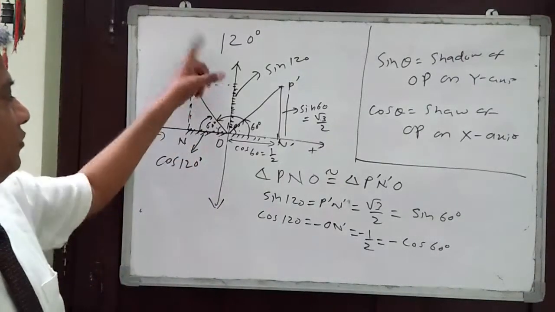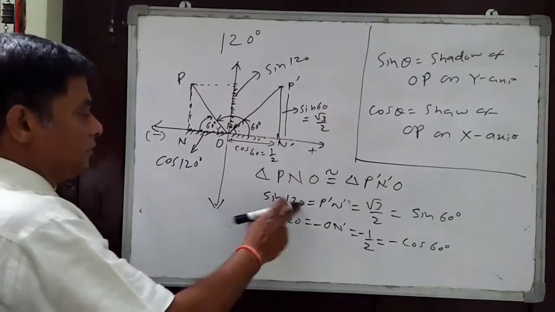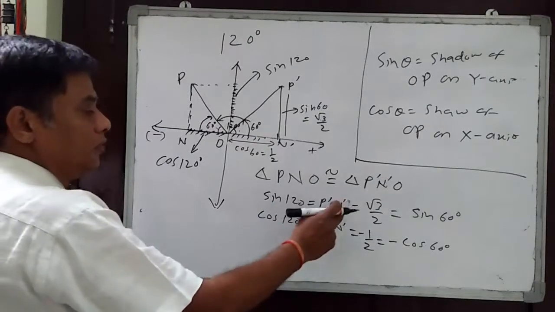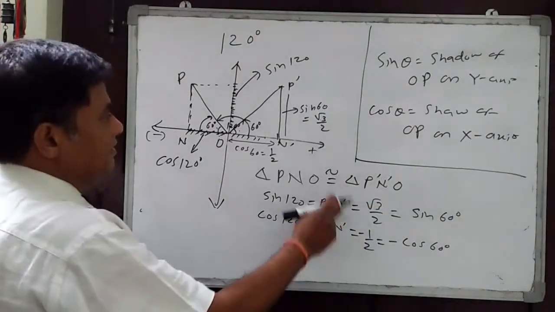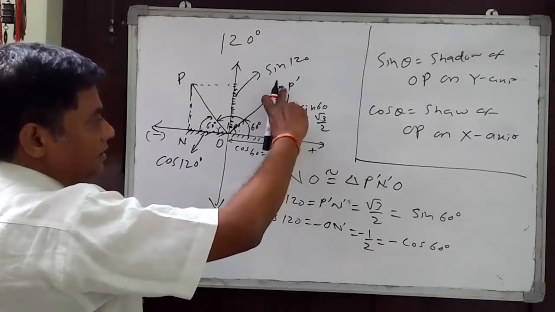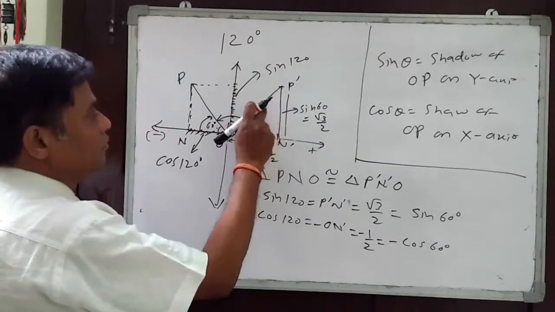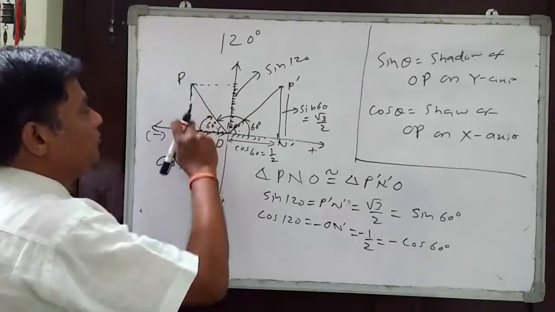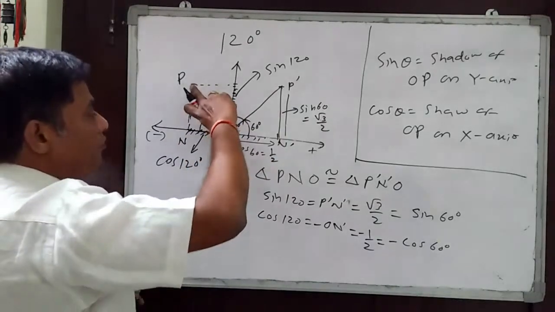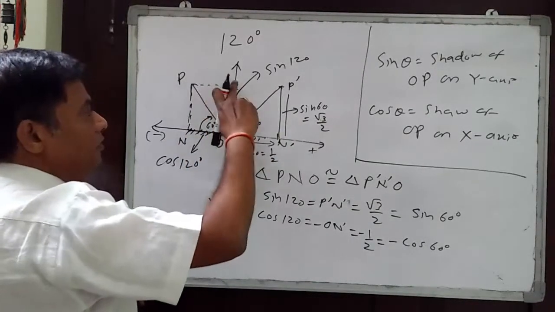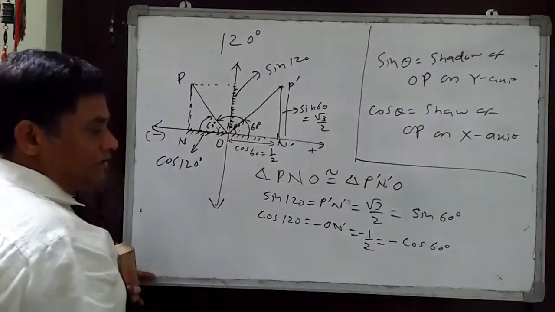So here we have concluded that the sin 120 can be considered as P dash N dash. We have considered these two triangles. We have drawn this triangle so that we will be able to find length of the shadow of OP on y-axis and x-axis.